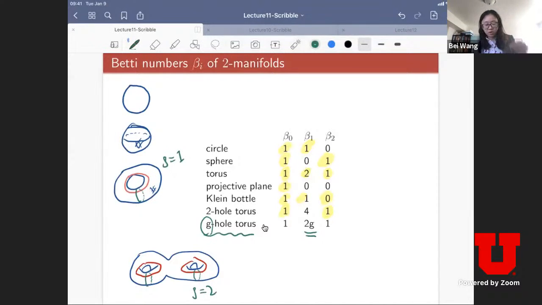Remember, the G-hole torus is a gluing of multiple individual tori. So each time I glue one, I increase the number of loops by 2. So if I have a G-hole torus, then I have 2G loops, or dimension 1 homology, in my space.